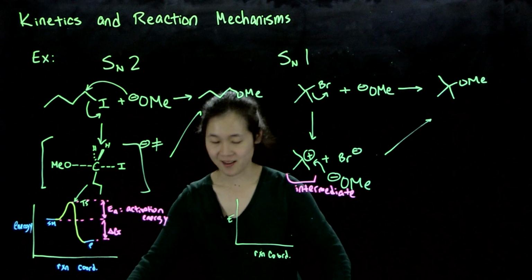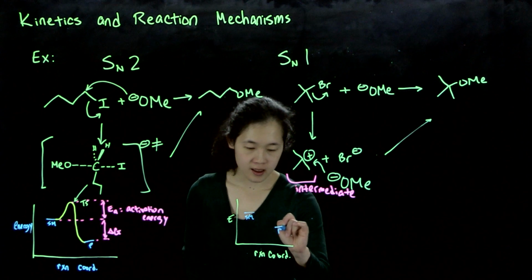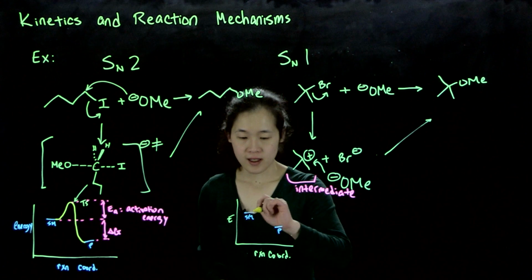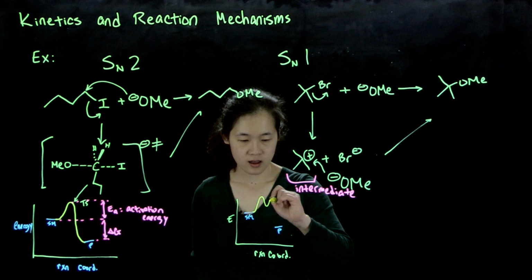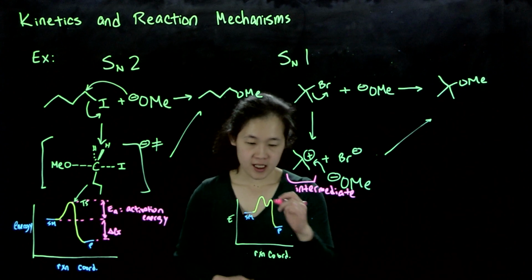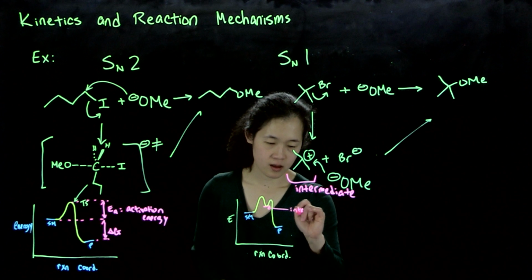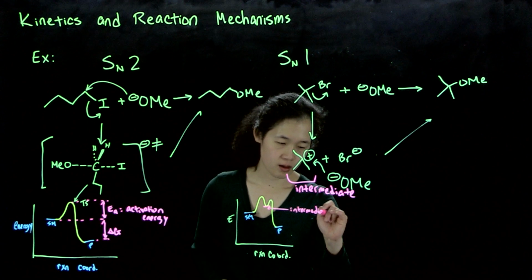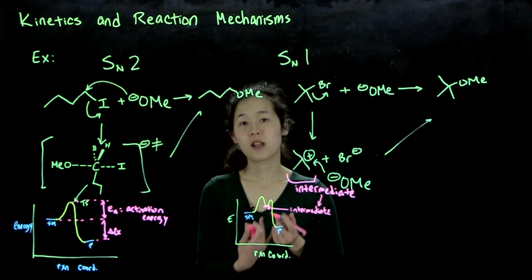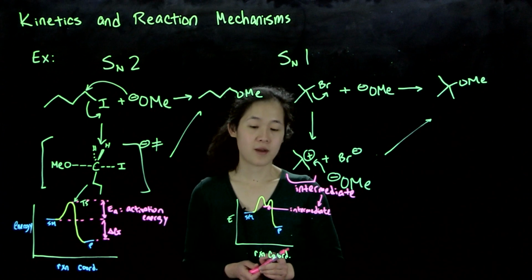If we again have the starting material and the product, for the SN1 mechanism there's this state here, which is the intermediate. It's at a local minimum, which is why it has some finite lifetime, so that we might be able to observe it using NMR or other spectroscopic techniques.